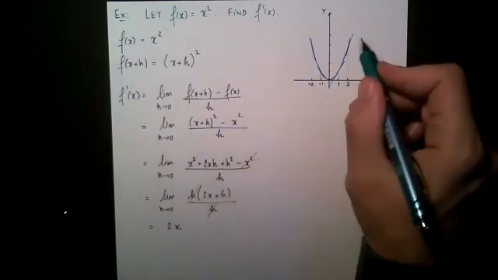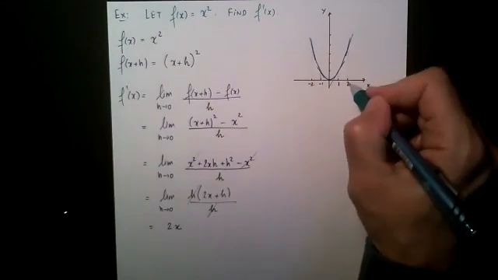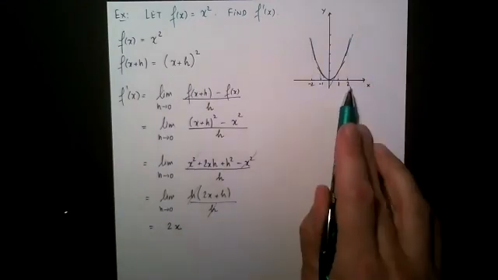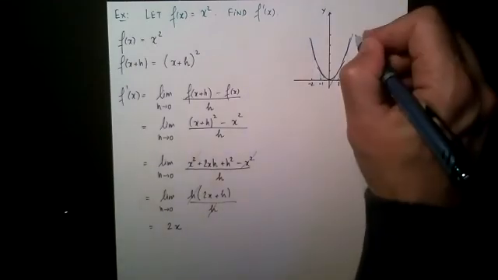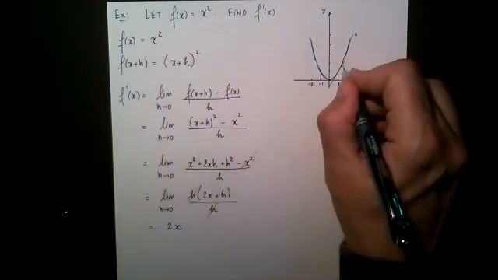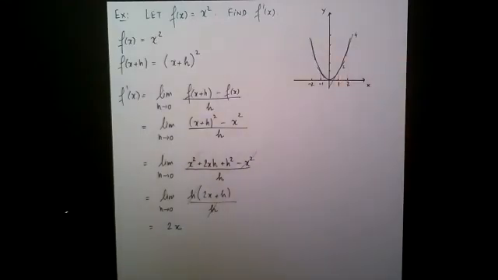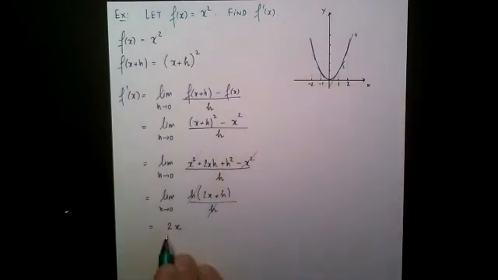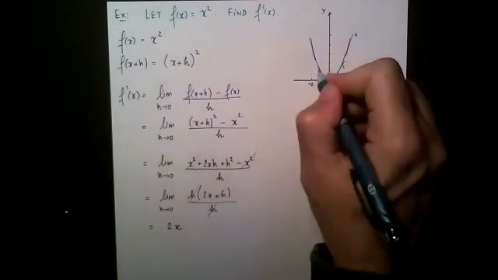But basically, if I want to see the slope here at x equals 2, I just have to multiply x by 2. So 2 times 2 is 4, so the slope here is 4. At x equals 1, 2 times 1 is 2, so the slope here is 2. You understand? At x equals -1, the slope is 2 times -1, so -2.